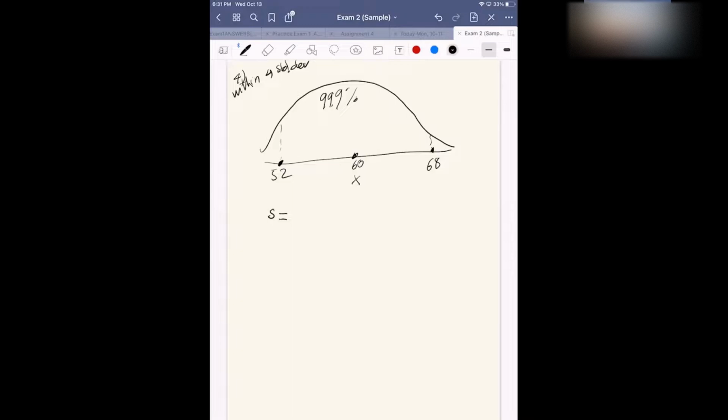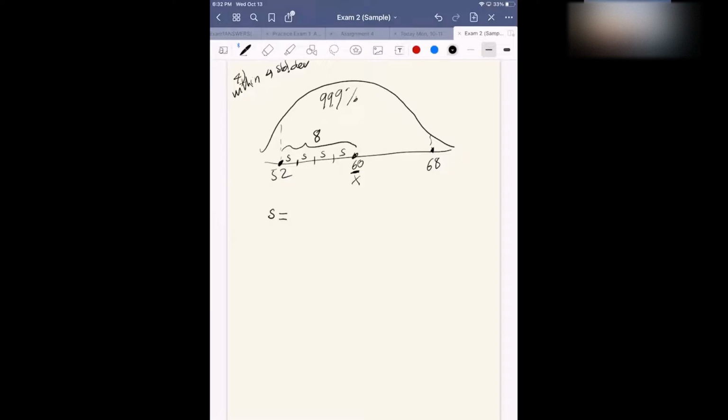So you start from the mean and go to the left 4 standard deviations. If you're given 99.9%, you have to go to the left 4 standard deviations: 1s, 2s, 3s, 4s. The distance here is 60 minus 52, which is 8.